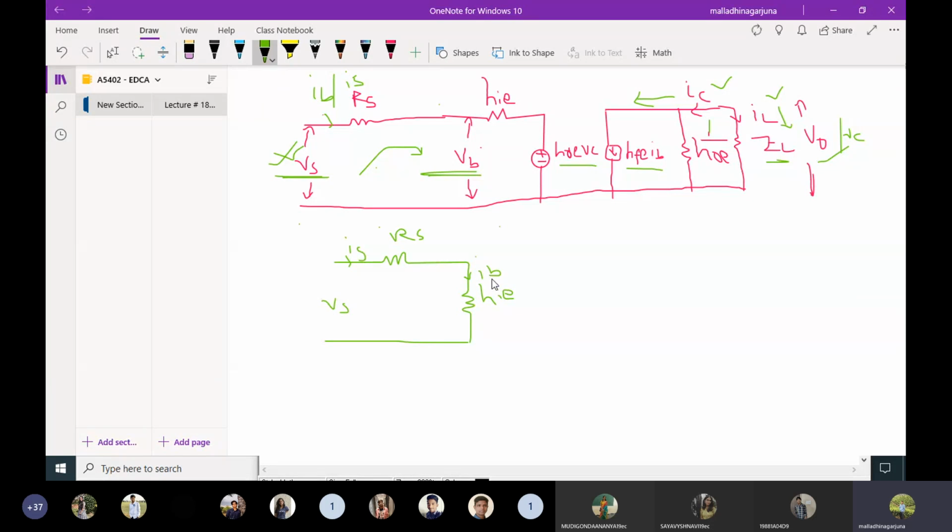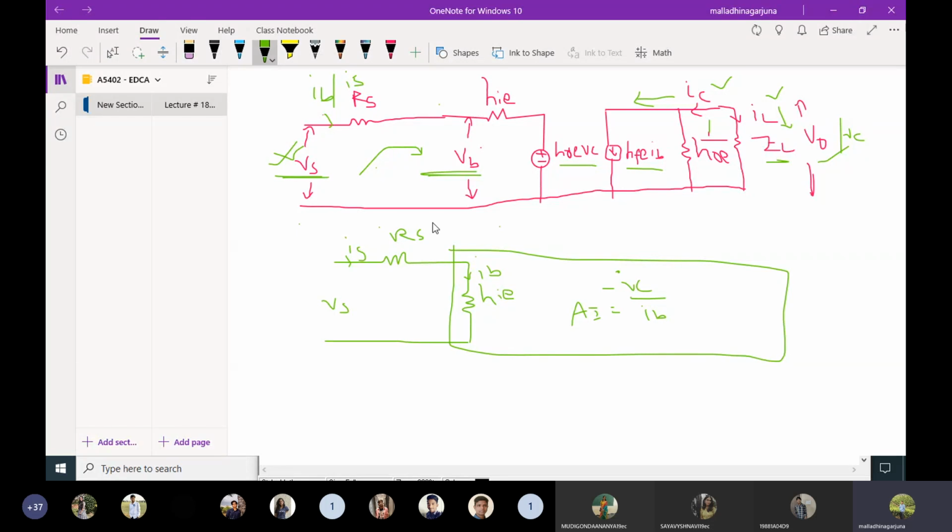Till this portion we already calculated, that is AI equal to minus IC by IB. Only this extra parameter we need to calculate.